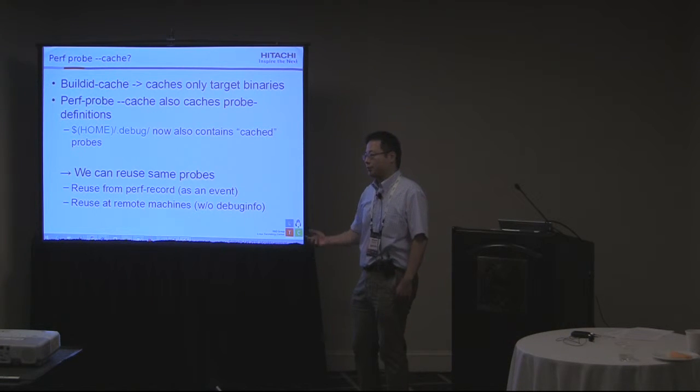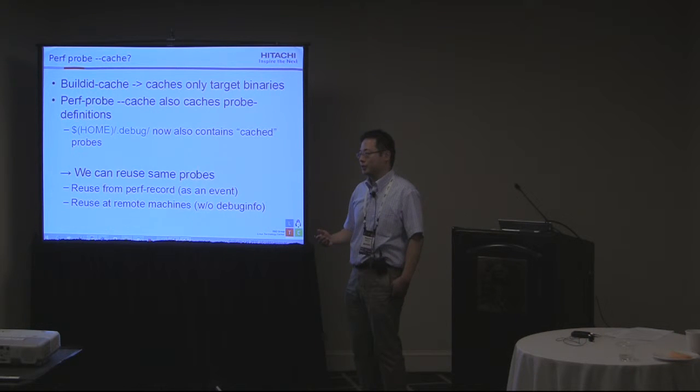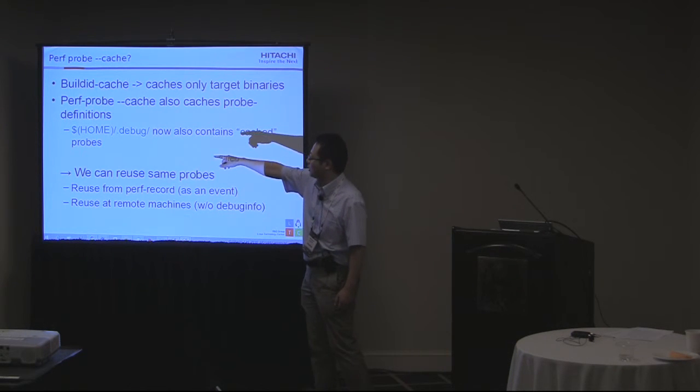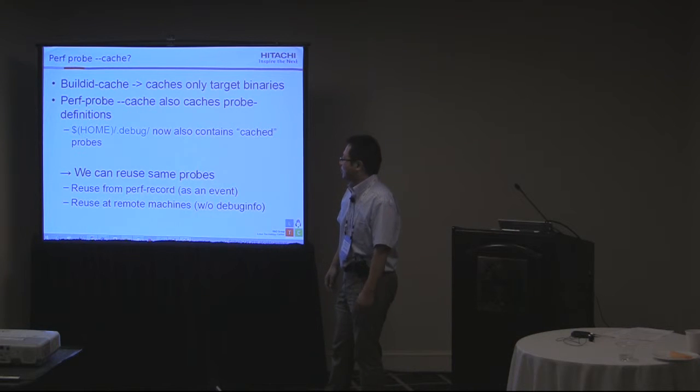Perf record usually records some user space application or the kernel, and for analyzing the trace data, we need symbol information, so perf tries to cache some target binaries into the home .debug directory.